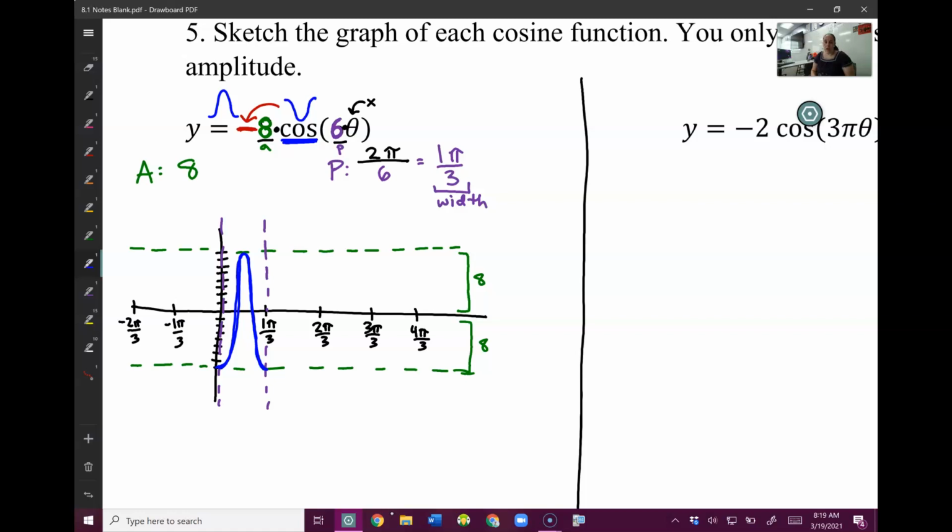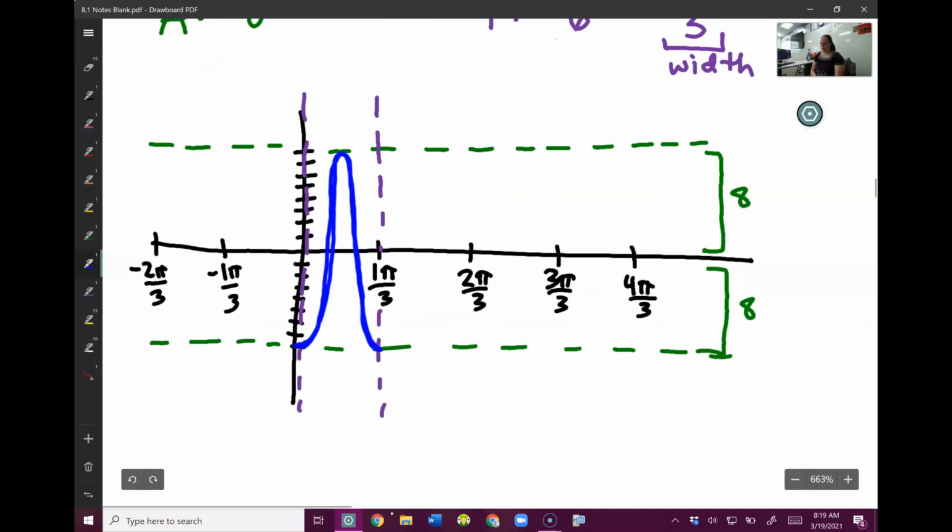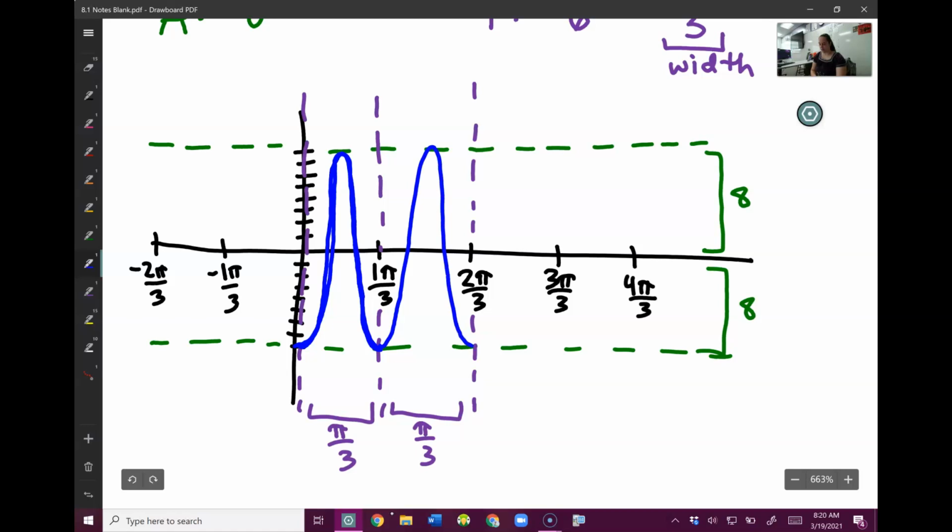But we know that this graph is periodic, meaning that it's going to repeat this wave over and over and over again. So if I come to this graph, if I know that this was pi-thirds wide, I can make another barrier that's also pi-thirds wide, and then I can put another wave shape into that new barrier.